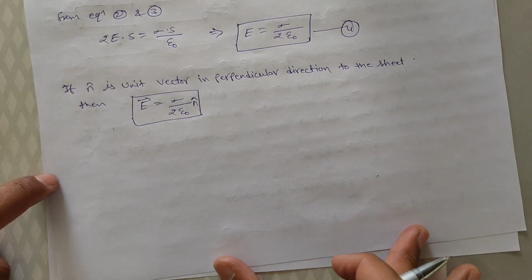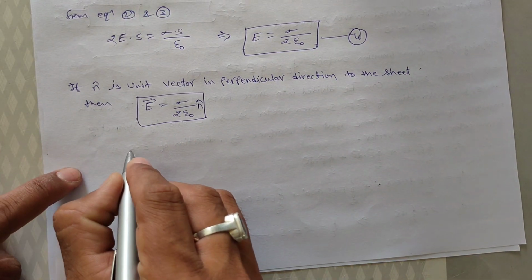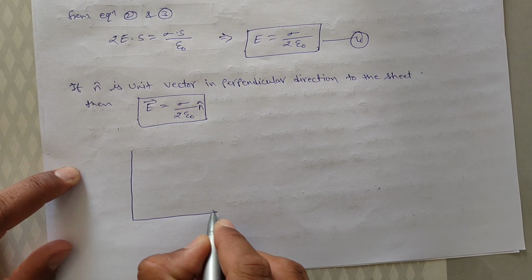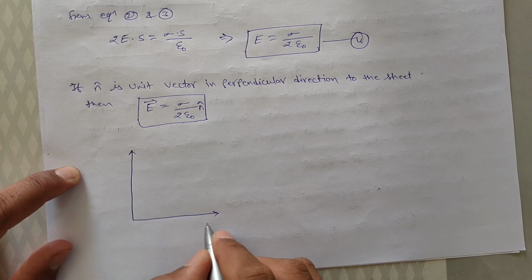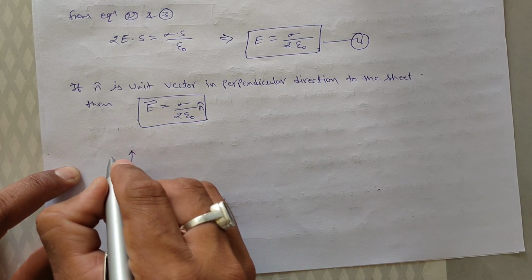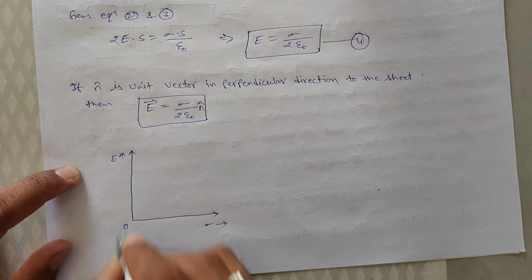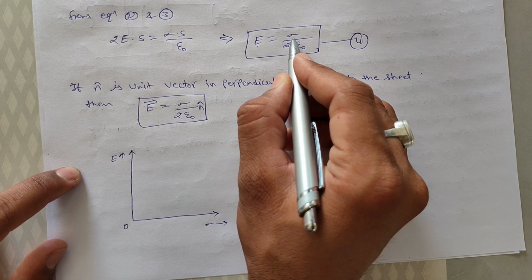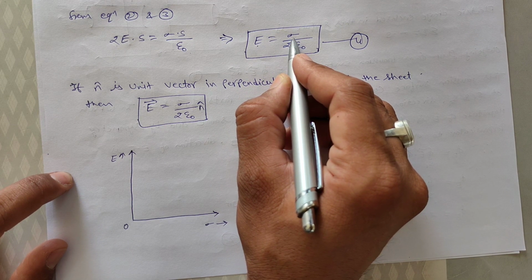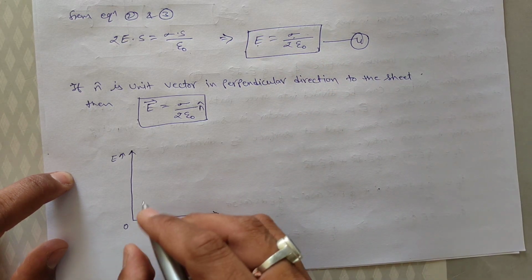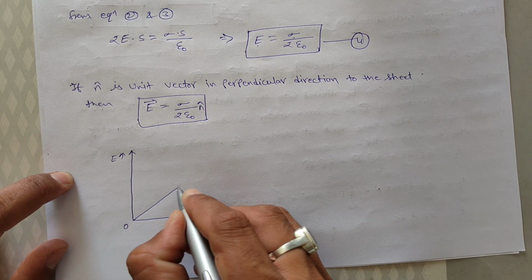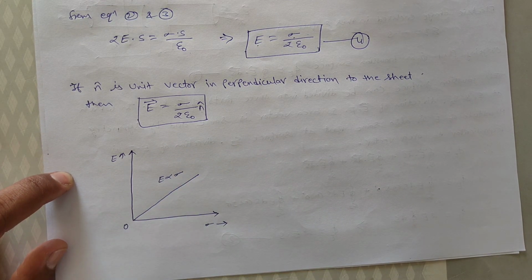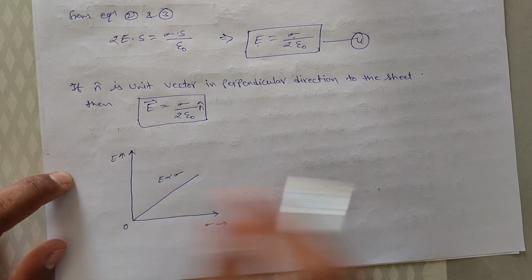So we can draw a graph between electric field intensity and surface charge density. From this equation we can see that E is directly proportional to sigma, and we know that the graph of a proportionality is a straight line passing through the origin, and this is the graph for E directly proportional to sigma.